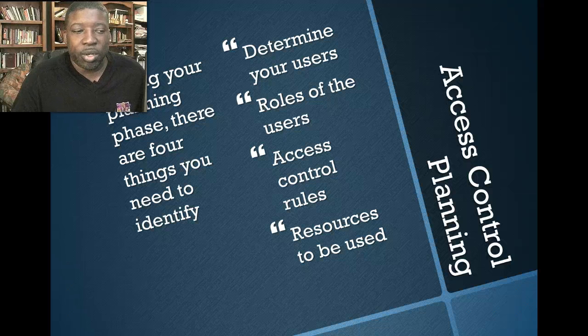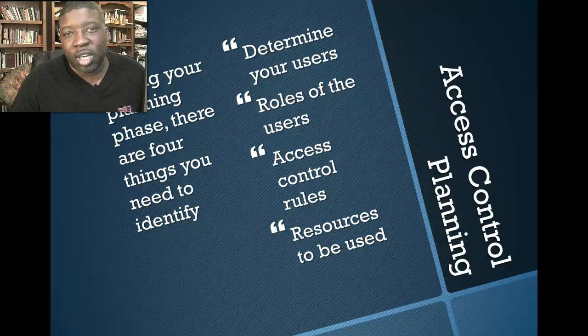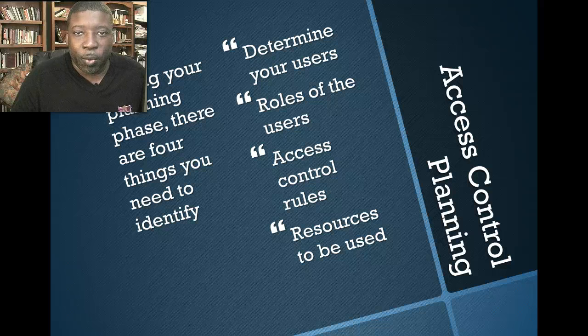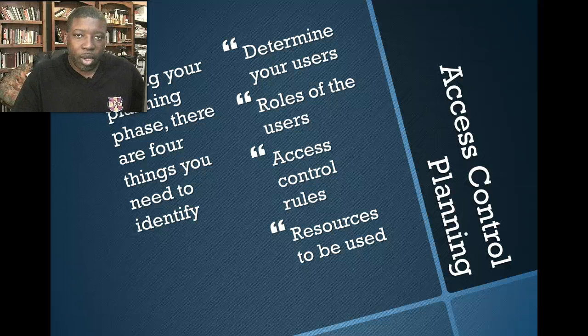When you know who your users are, you should determine their roles. Are they admins? I'll get into this a little bit later. Are they contractors? Are they interns? Are they accessing your network via a web interface or a web application? Are they on site? Who are these people?